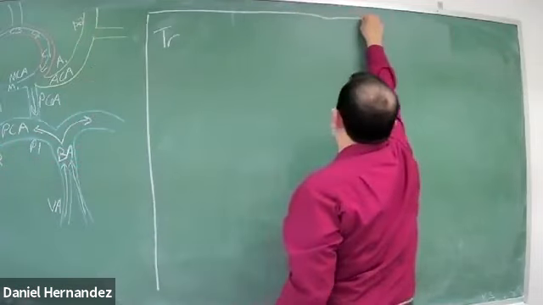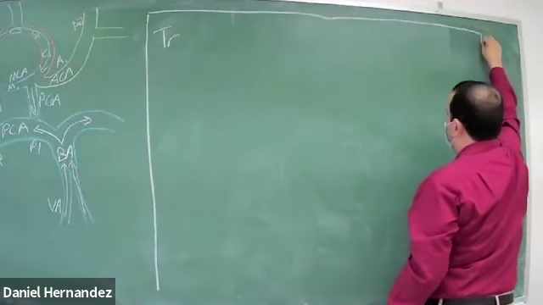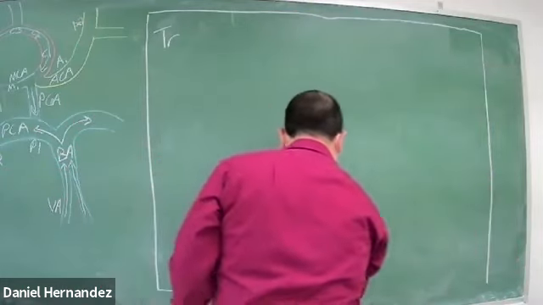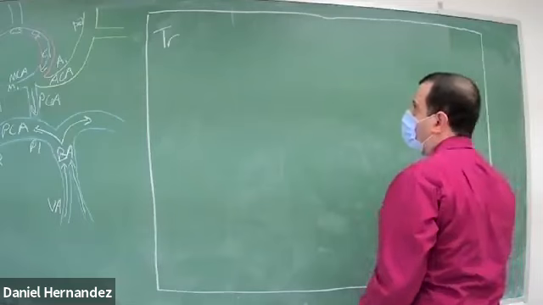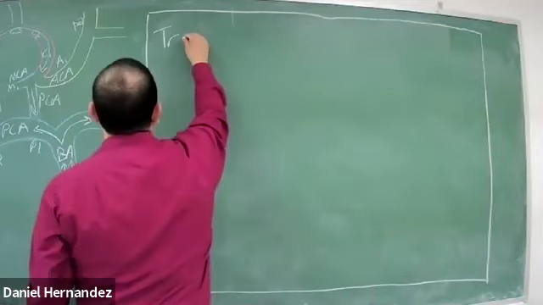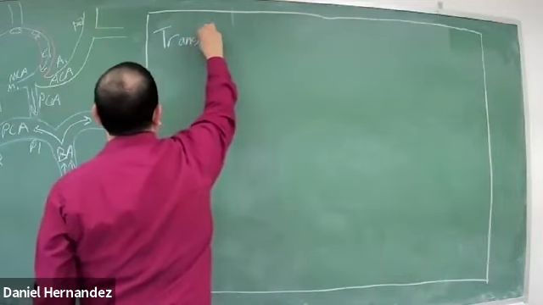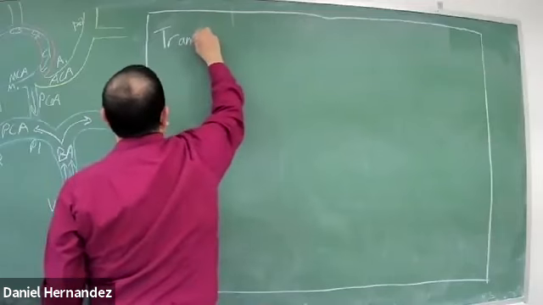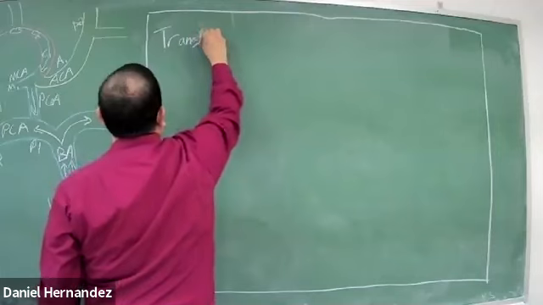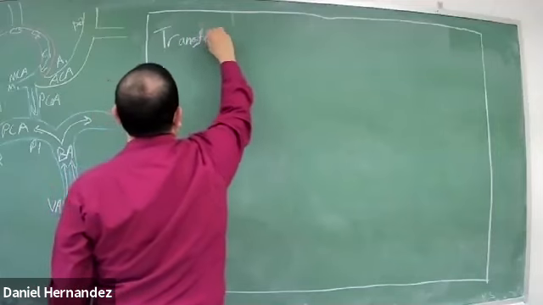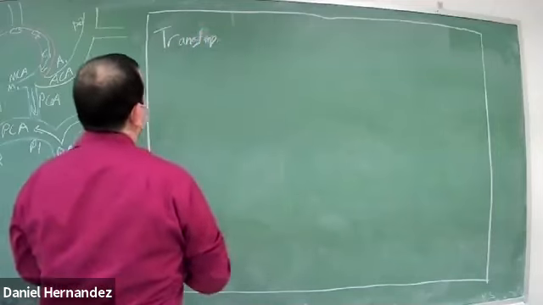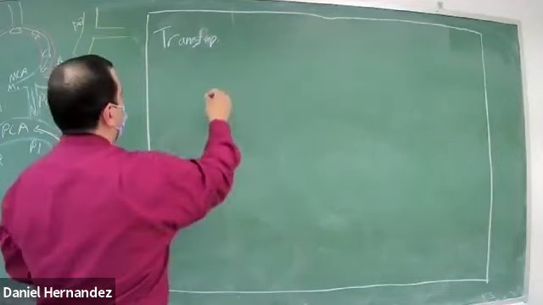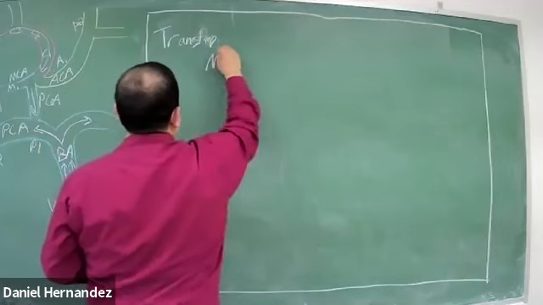So we're going to make our chart now. I'm going to start with transtemporal. So we'll do our middle cerebral artery.